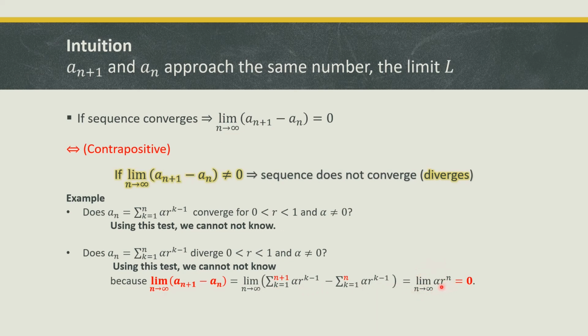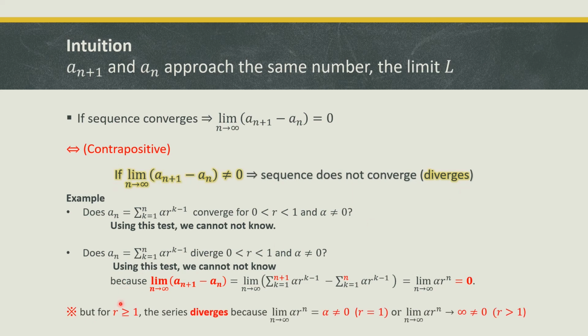And because alpha is not 0 and r is between 0 and 1, this limit actually approaches 0, right? And because it approaches 0, we've shown previously that we cannot tell if this diverges or converges. So there's no information we can get from this test.